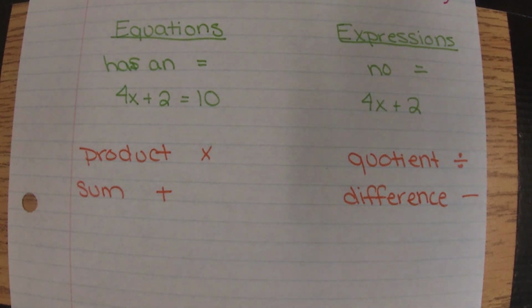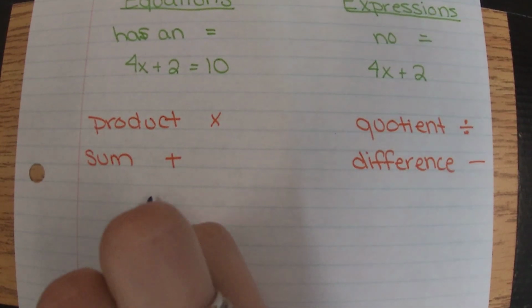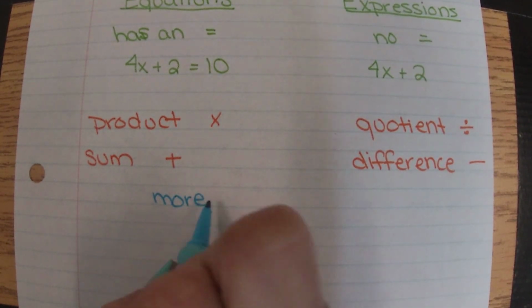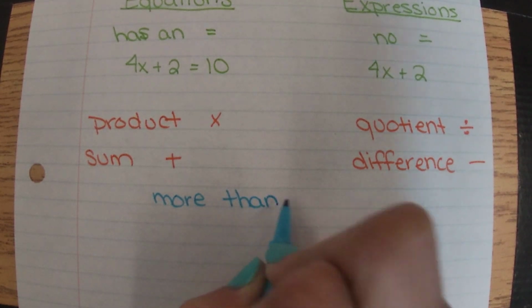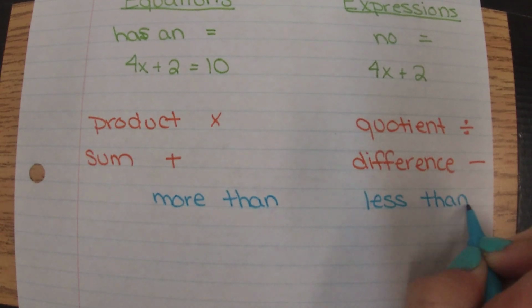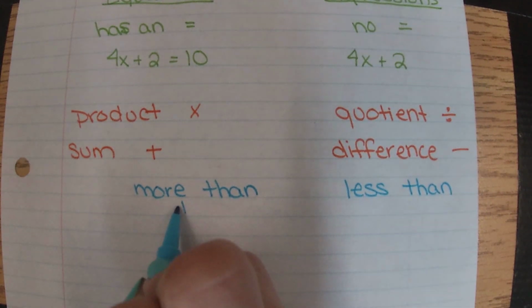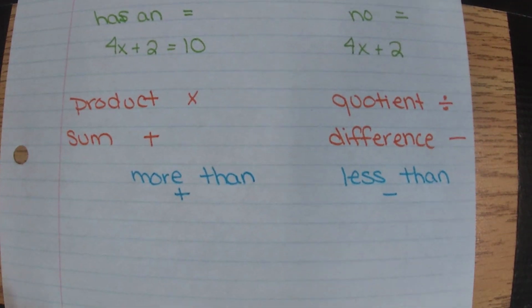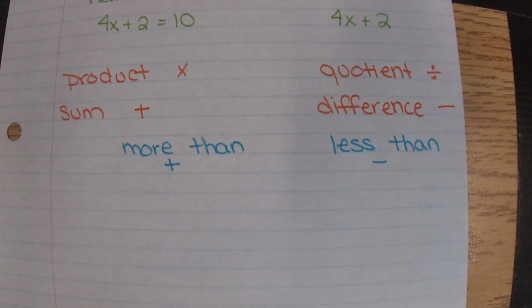Okay, but we do have a couple other words that we can use in here. So we could also use something like more than or less than. These are two common ones that we see a lot, where more than tells us addition and less than tells us subtraction.